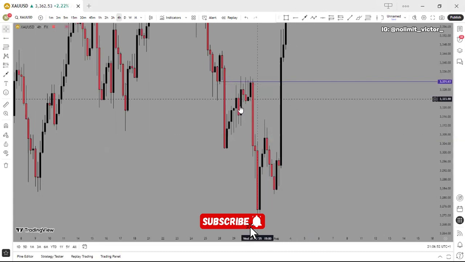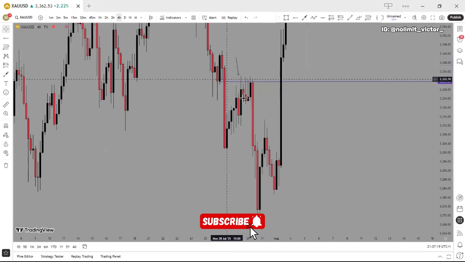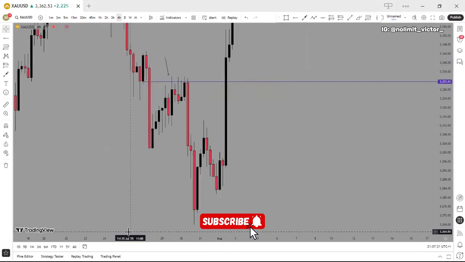Weak rejections are candles formed with this part of it being long. These are called the wicks. I'll explain this in a beginner friendly way. So these are called the wicks in the zone.